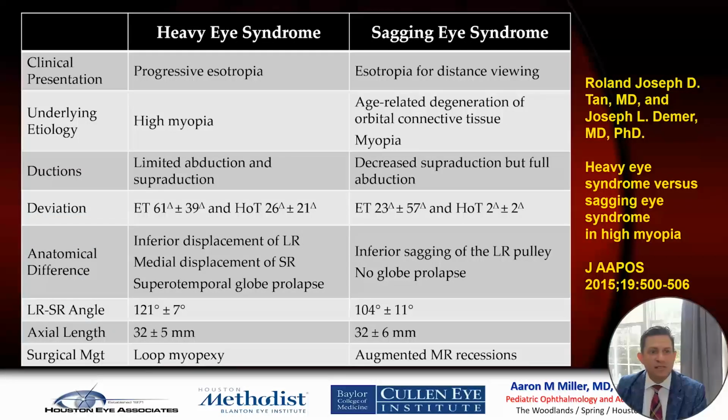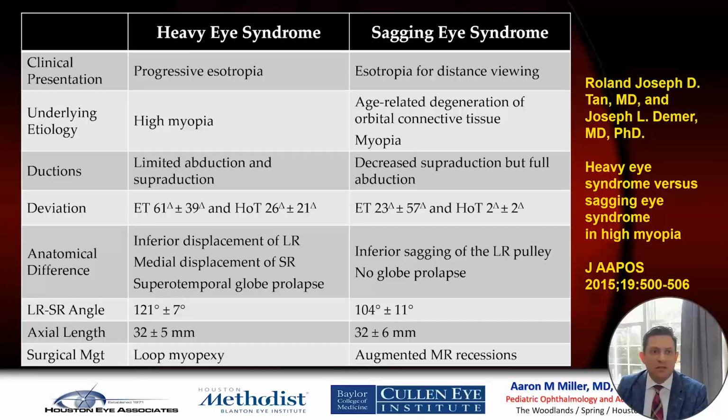The concept is that anything that causes a degradation of the orbital tissue, whether it be high myopia pushing on the LR-SR band, or the age-related changes of sagging eye, can cause this condition to develop. On duction testing, heavy eye tends to have limited abduction and supraduction.